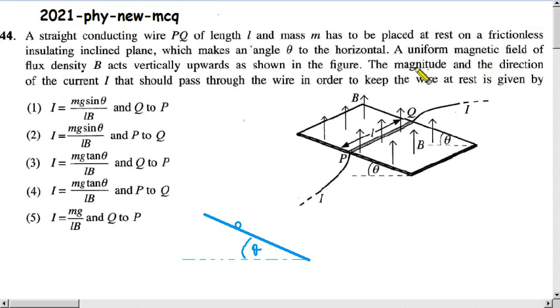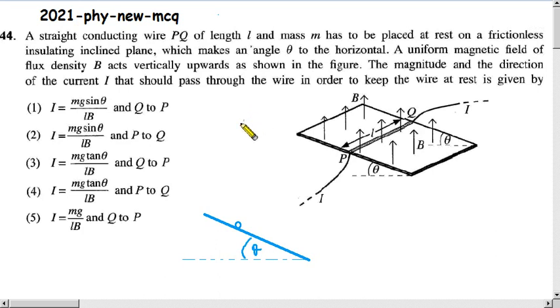The magnitude and the direction of the current I that should pass through the wire: the current can go this way, or the current can pass this way. So what is the direction? That is what they want us to find out. The current that should pass through the wire in order to keep the wire at rest is given by... the wire should be at rest.